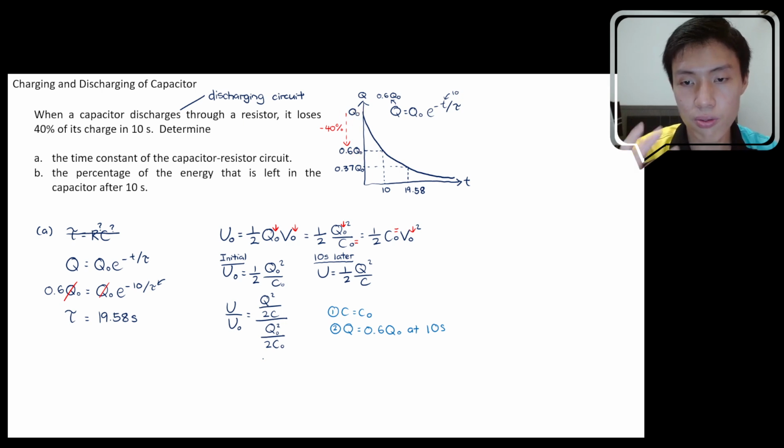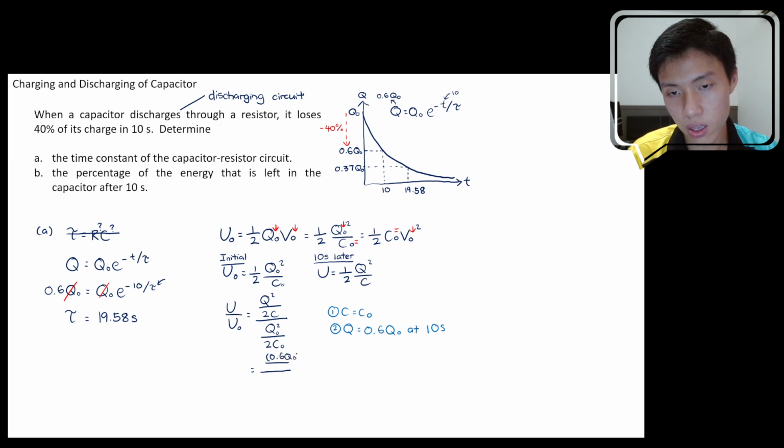These two pieces of information we can include by substituting into our equation. We replace Q with 0.6 Q naught, squared, over 2, and replace C with C naught. Then you have Q squared over 2C naught, over Q naught squared over 2C naught.